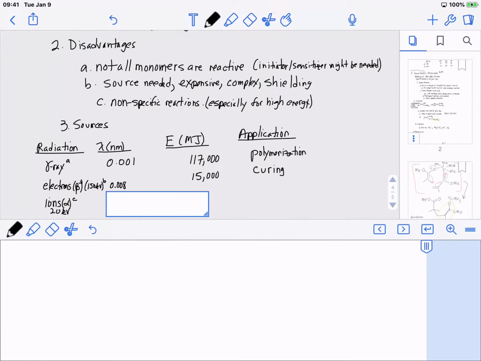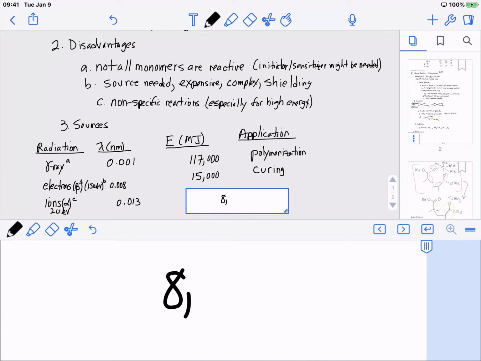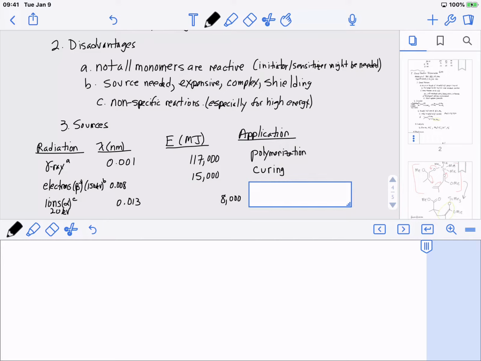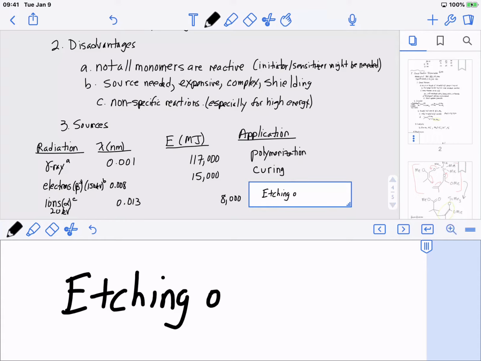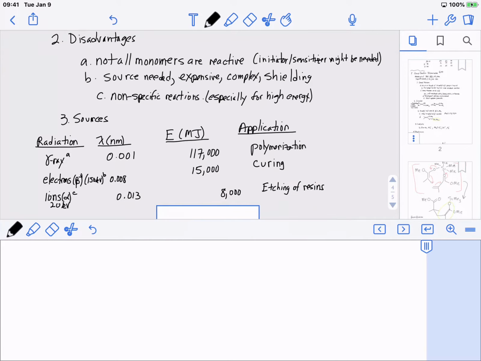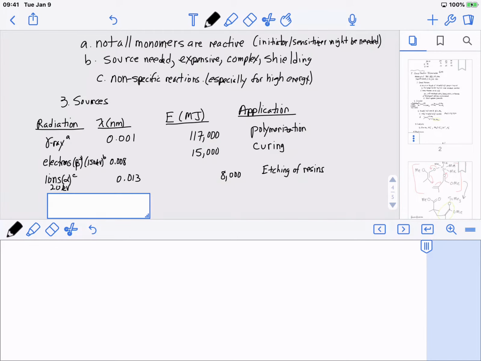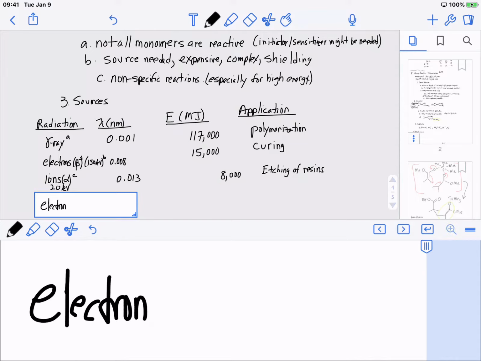And so 0.013 nanometers, 8,000, and you can etch resins. You can just knock surface layers off. Alpha particles don't often penetrate your skin, but they do penetrate your lungs, if they get into your lungs.